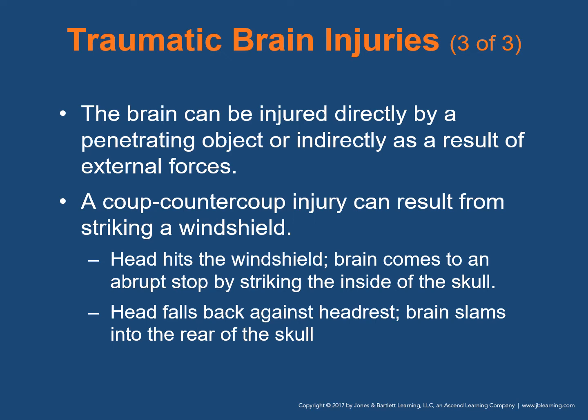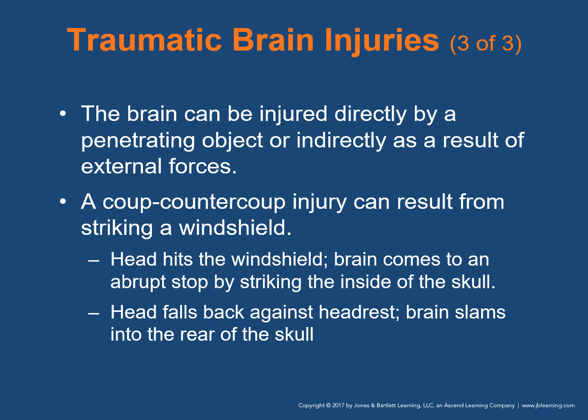A coup contrecoup injury can result from striking a windshield in a car crash. The passenger's head hits the windshield, and the brain continues to move forward until it comes to an abrupt stop by striking the inside of the skull. In other words, the brain goes back and forth and strikes the inside of the skull.